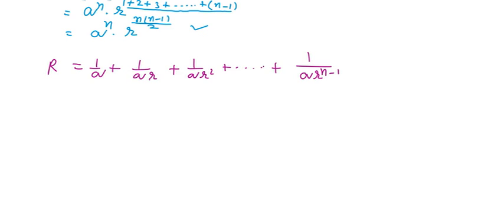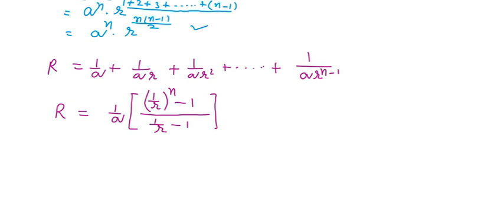This is also a GP, so I apply the GP formula. First term is 1 by a, common ratio is 1 by r, so we get 1 by r raised to the power n minus 1 upon 1 by r minus 1.